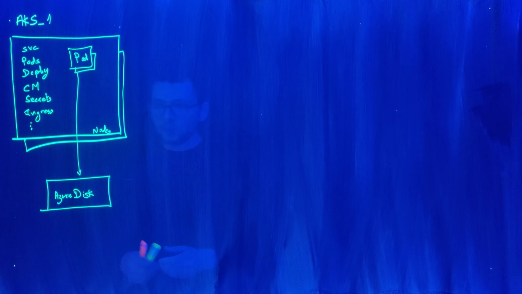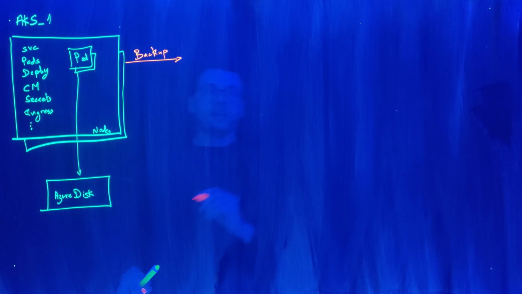Now if anything bad happens to this cluster, maybe I have a failure within an Azure region, or maybe I have lost that cluster because of human errors, I want to create a backup for this cluster. So I want to perform a backup operation, and somewhere here I would have all of those resources backed up.